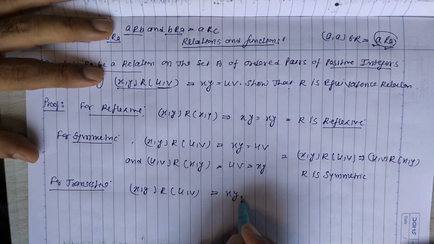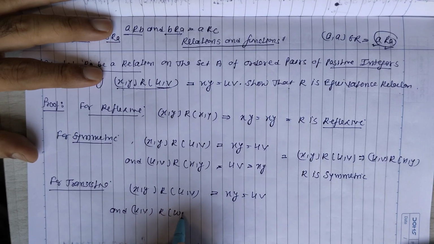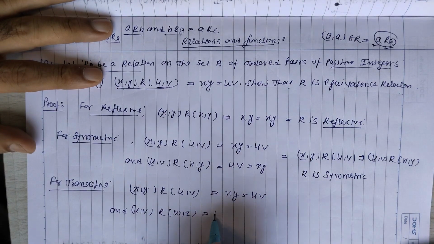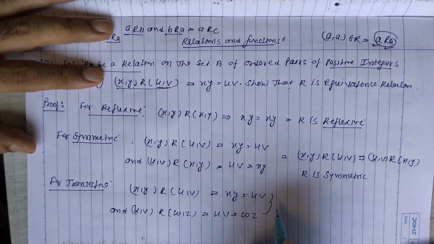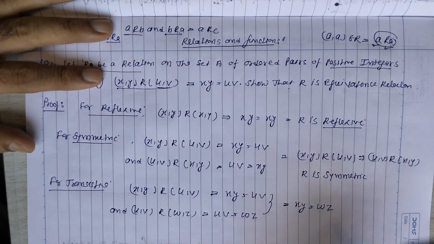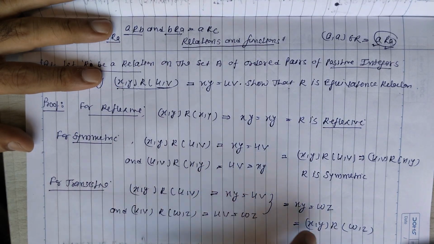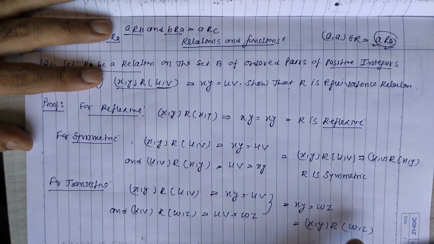It is equal to xy is equal to uv and (u, v) related (w, z) we can take, and it will become uv is equal to wz, which implies that xy equal to uv and xy equal to wz, which implies that (x, y) related by definition to (w, z).